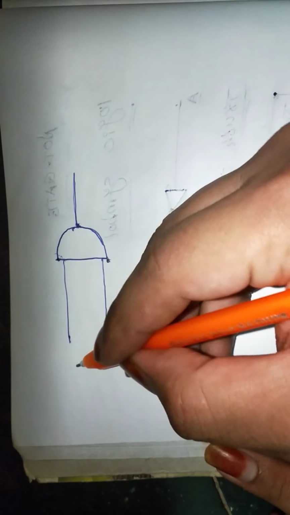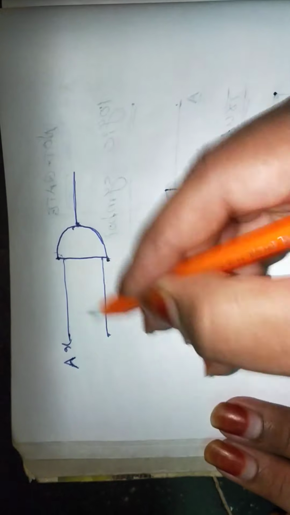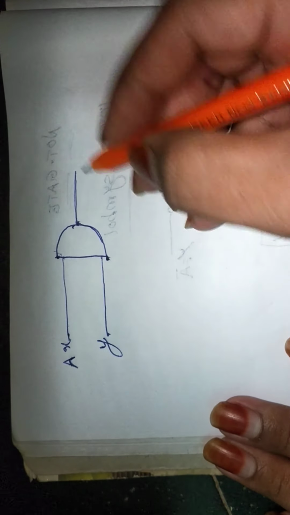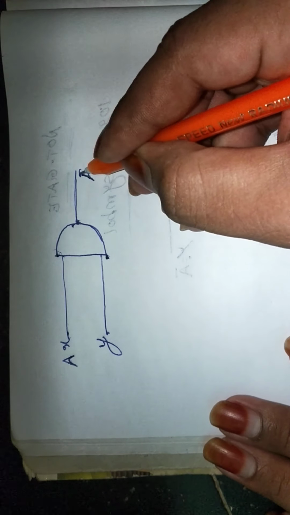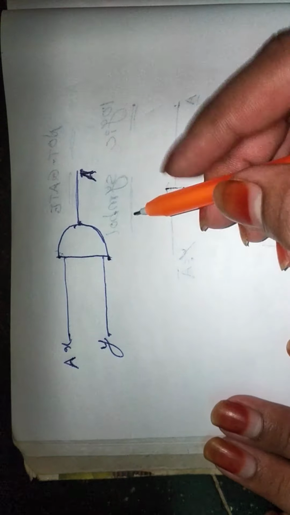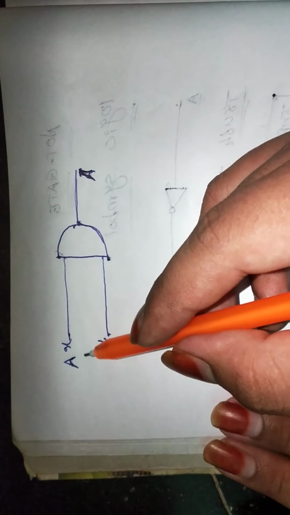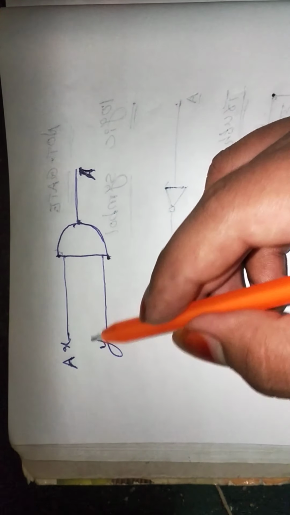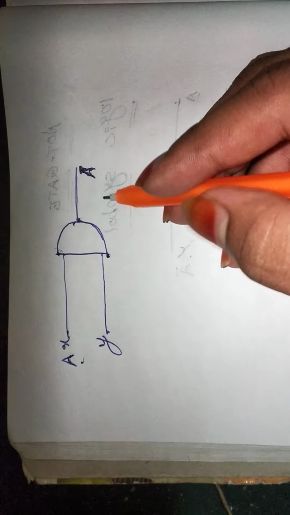Here take input A for x and y, the output comes A. Why? Because this is the AND gate. In general multiplication, the output comes, input is equal to output.